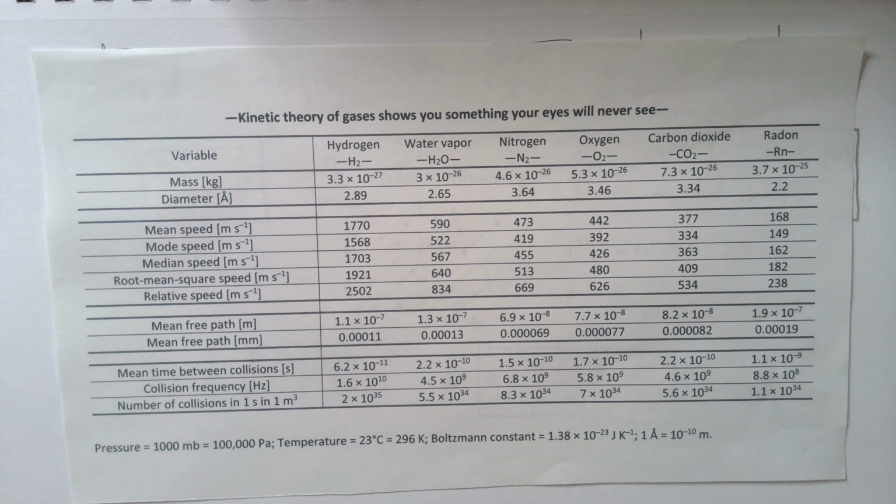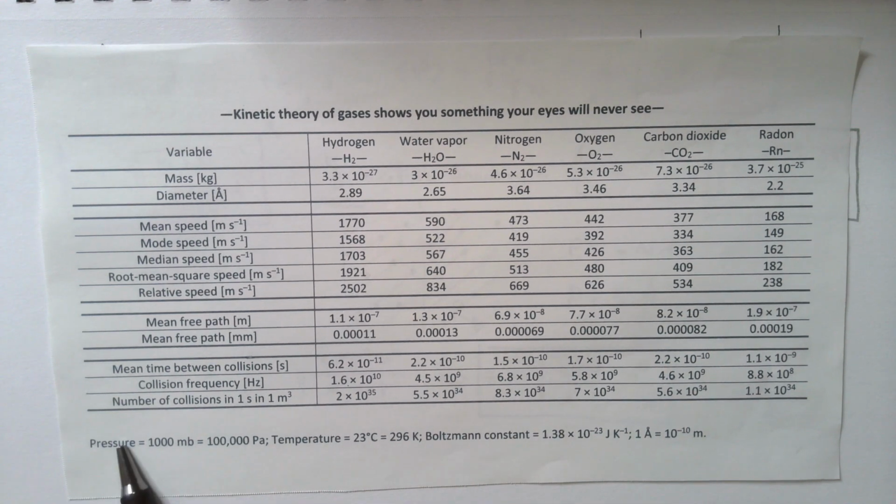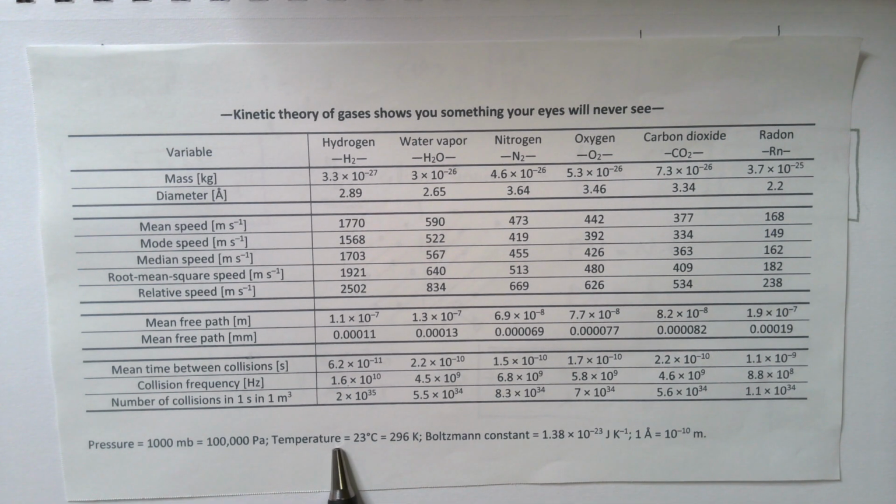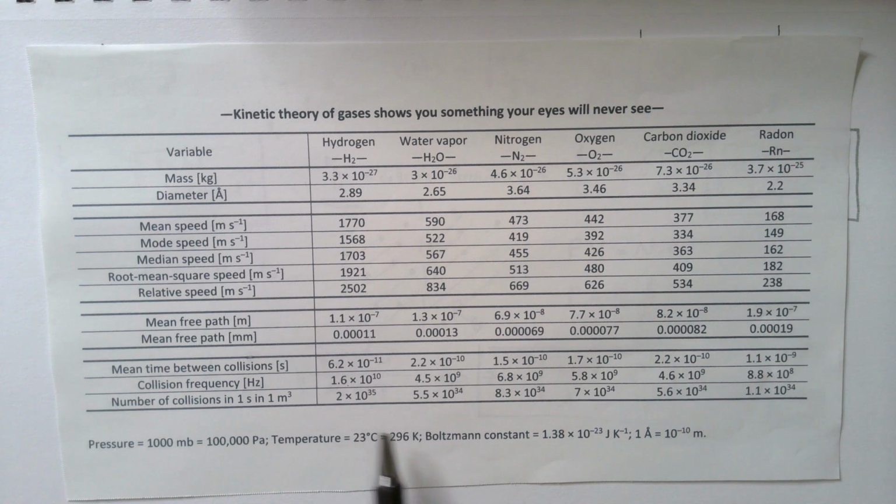Because you can look in front of you and imagine 1 cubic meter of air. And in that 1 cubic meter of air, every second there is approximately 10 to power 34 collisions of nitrogen atoms at this pressure and this temperature, or even more collisions of hydrogen atoms, and so on. So the numbers are really something astonishing.